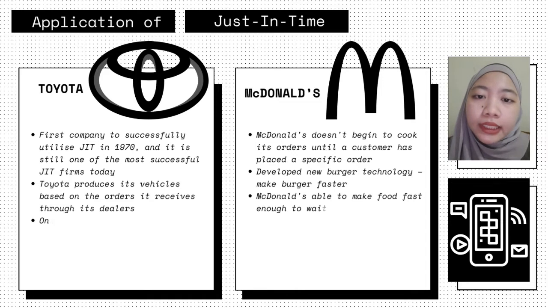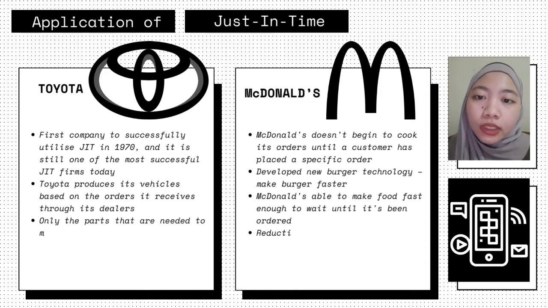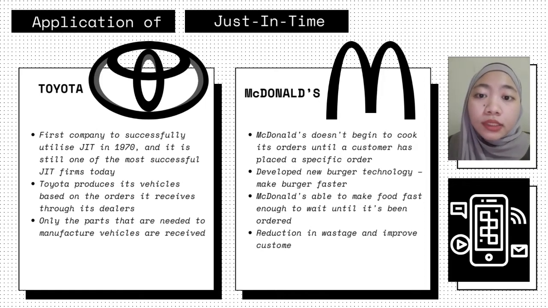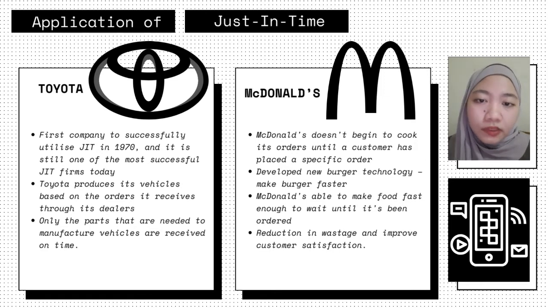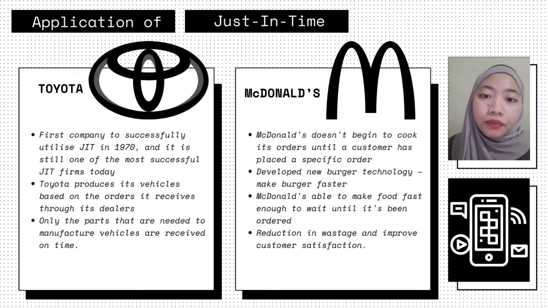Back in 1970, Toyota was the first company to successfully utilize the just-in-time system, and it is still one of the most successful just-in-time firms up until today. So Toyota only produces its vehicles based on the orders that they have received through their dealers. So only the parts that are needed to manufacture vehicles are received on time.